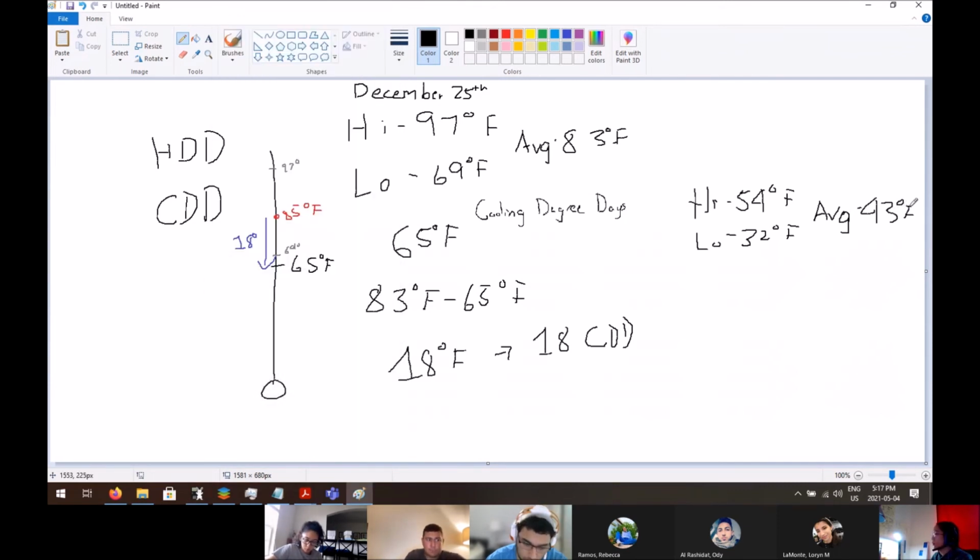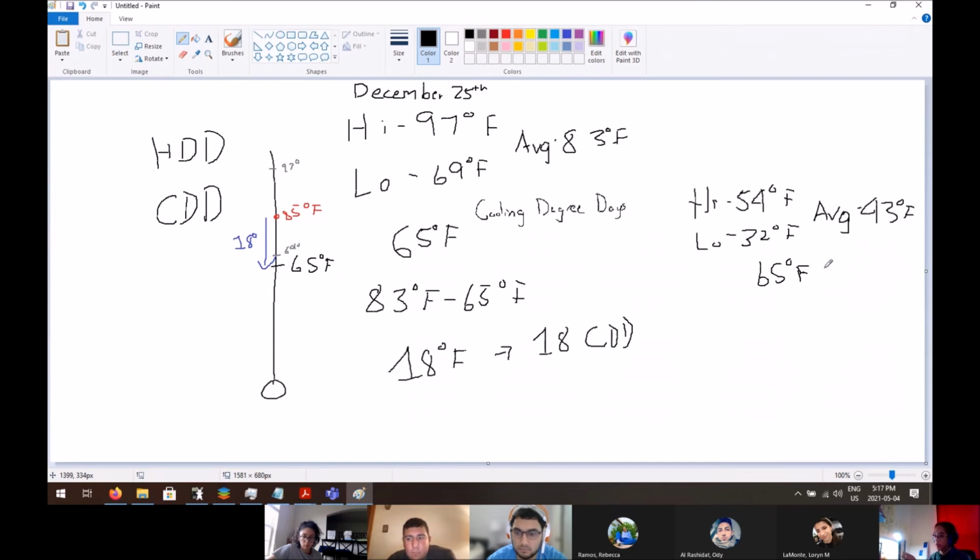So you see how 43 degrees Fahrenheit is lower than the 65 standard temperature, this baseline that we're using. Because it's lower, it's cooler than the temperature that we're trying to go for.